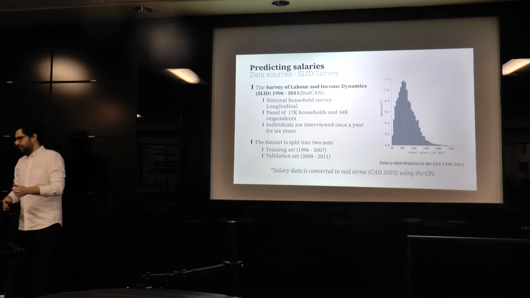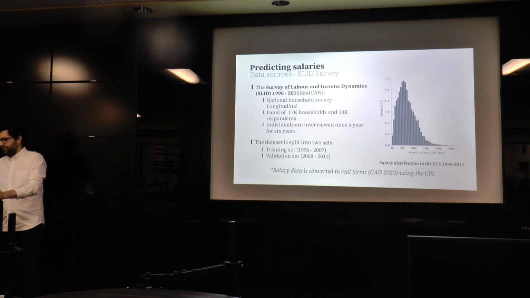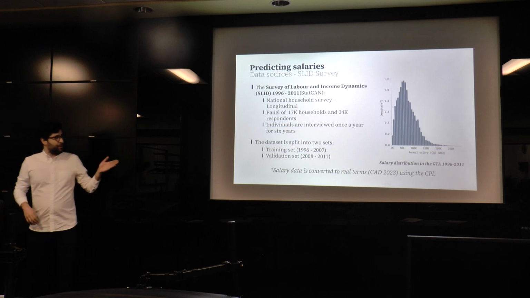This is a national longitudinal survey. It consists of two panels of households and respondents, and every individual was tracked for 6 years. This dataset was split in two sets.